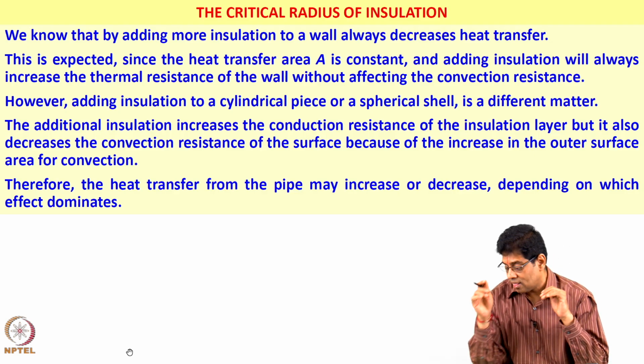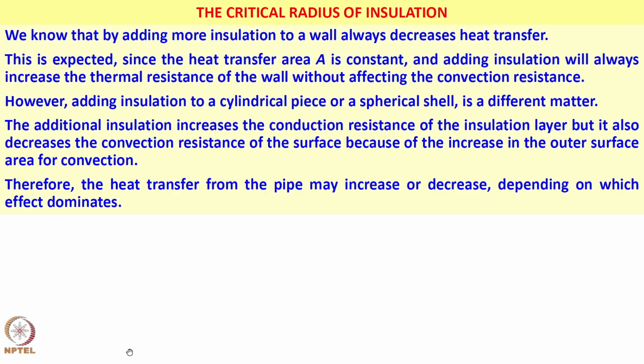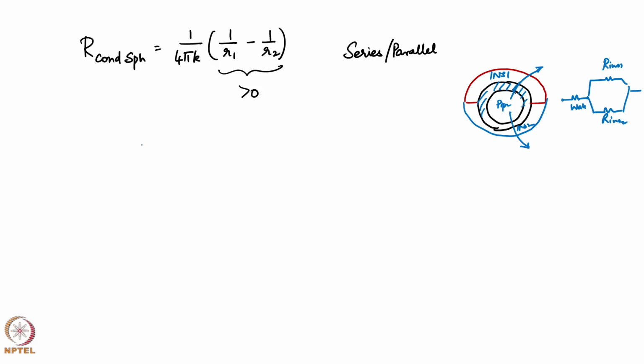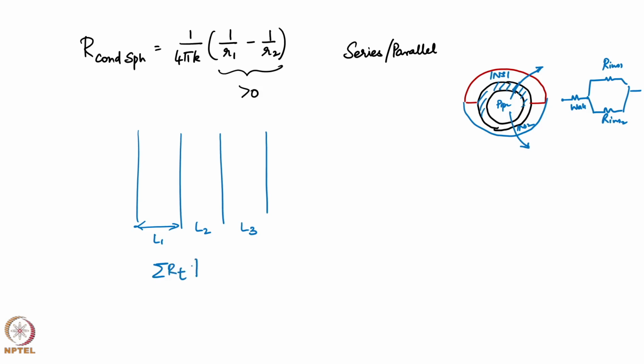But if I look at a cylindrical or a spherical geometry, in a plain wall, I have L1, I have another resistance L2, I keep adding resistance. Summation of R total goes on increasing, therefore, Q will drop as resistance increases or thicknesses get added.